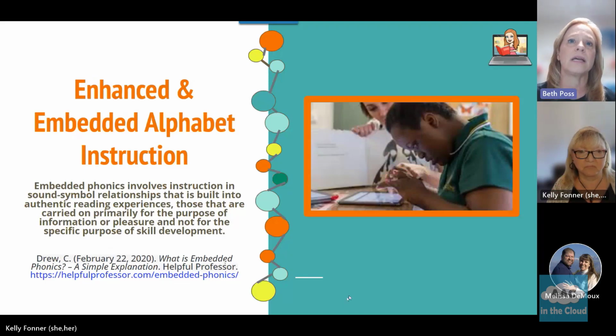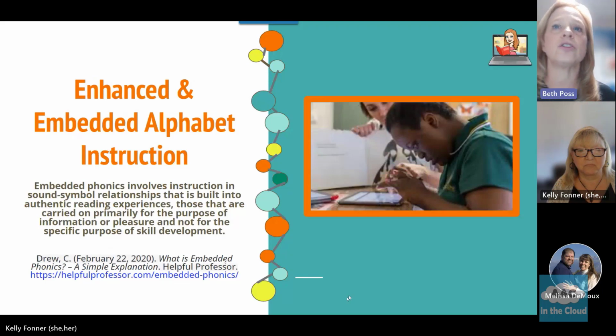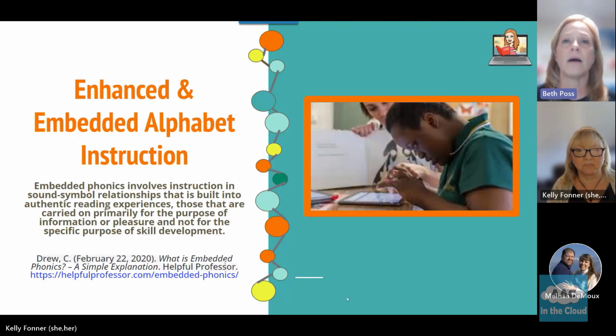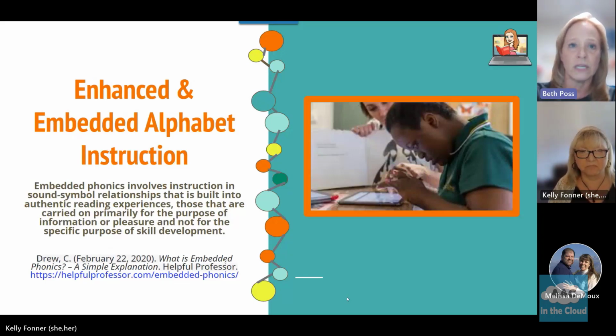Embedded instruction involves instruction in those sound-symbol relationships that's built into authentic reading experiences, where you're reading for the pleasure of reading or to learn information about something, as opposed to specifically working on that explicit reading instruction of that phonics work. So that's enhanced and embedded alphabet instruction.